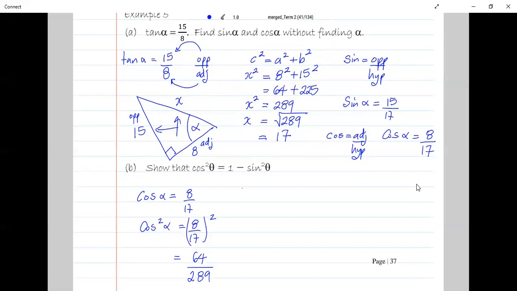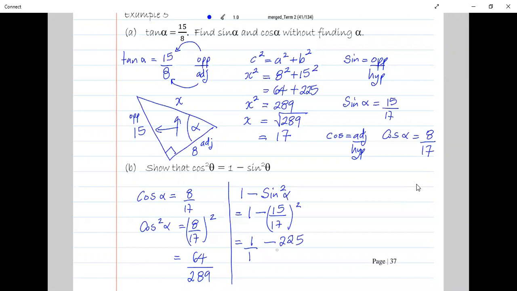So first of all, 1 minus sine squared alpha would be 1 minus, sine alpha is 15 over 17, squared. So this is 1 minus 225 over 289.